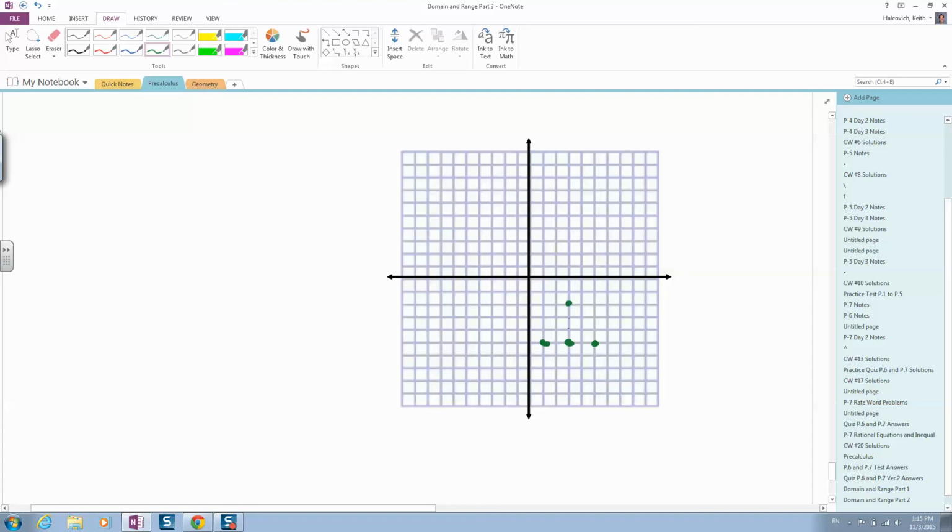My b term is 3. And so that means my domain is from 1 to 5, and my range is from -8 to -2.